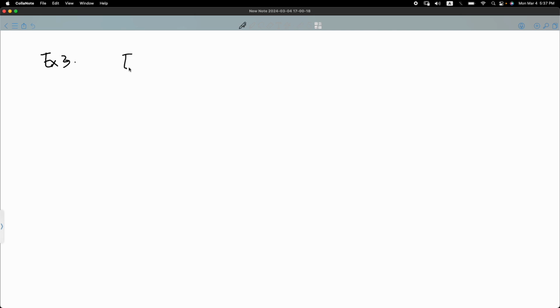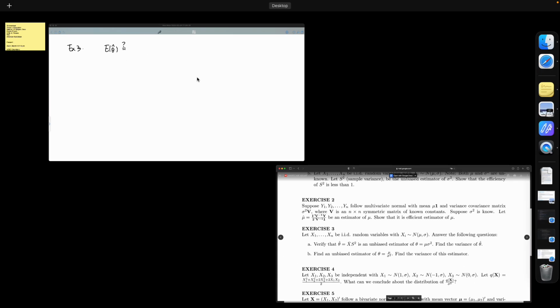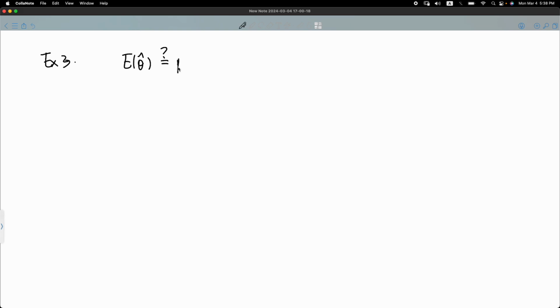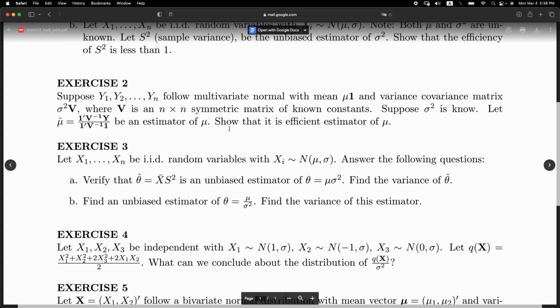So what we want to do is take the expectation of theta hat and check whether it equals mu sigma squared. That is the question we want to solve, and theta hat is just X bar multiplied by S squared.